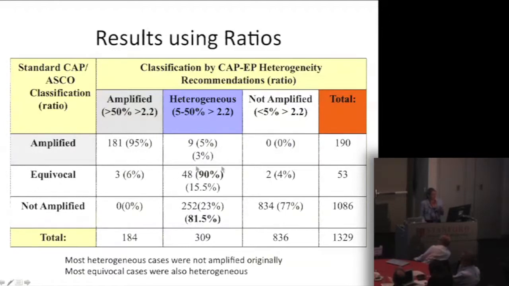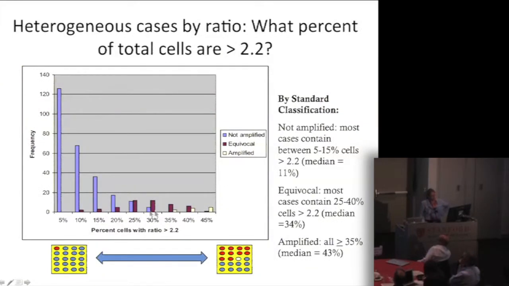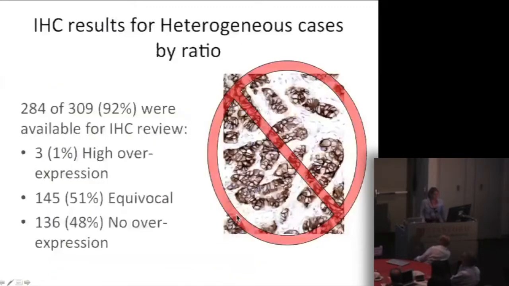But another interesting finding was that a lot of the equivocal cases, the ones that were close to the threshold for positive, had a very high rate of heterogeneity. And if you look at percent positive cells, you could see that the closer you get to the threshold for positive, so the equivocal cases, the ones close to the threshold, had higher percentages of those positive cells than the non-amplified by the average criteria.